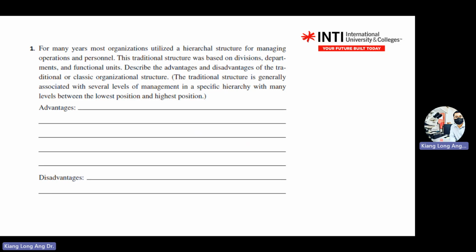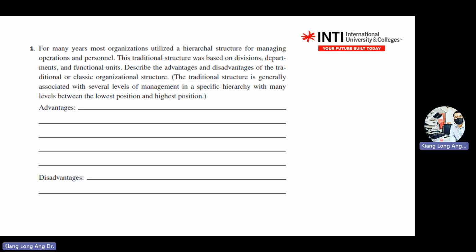Another one is on the policy and procedure. Policies and procedure. There is continuity of policy and procedure.